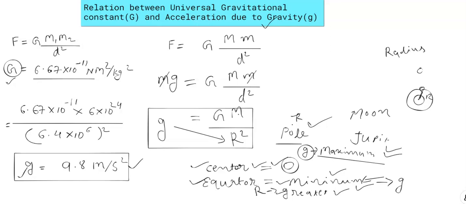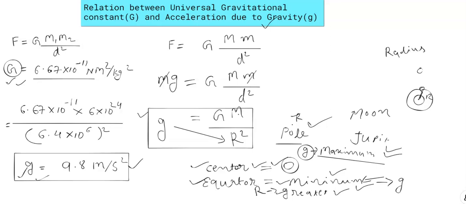So this is the difference between capital G and small g. Capital G will never change. Small g changes with place, and this is the relation: g is equal to capital G M upon r square.